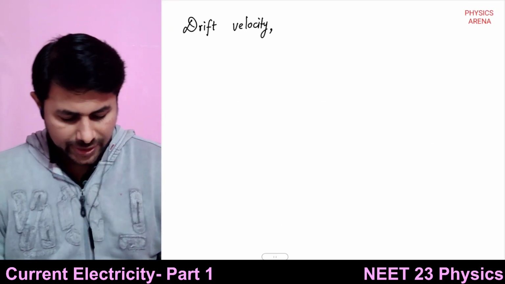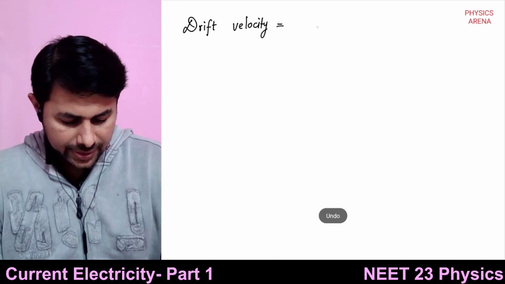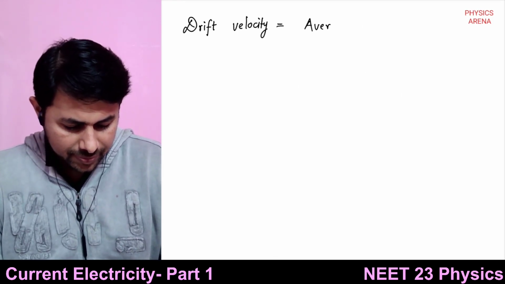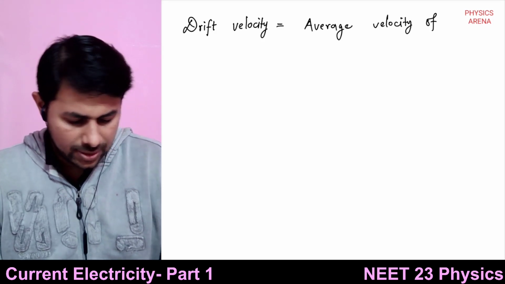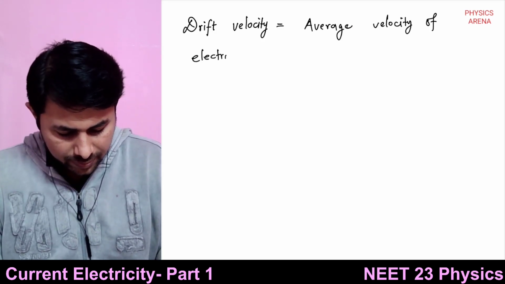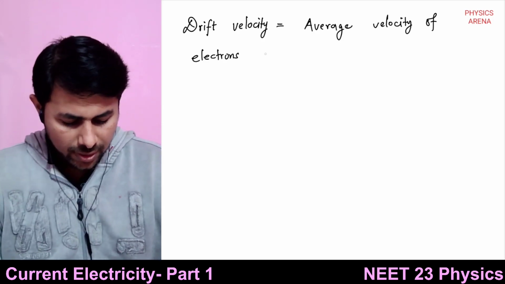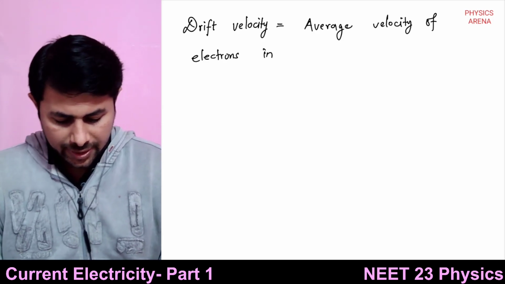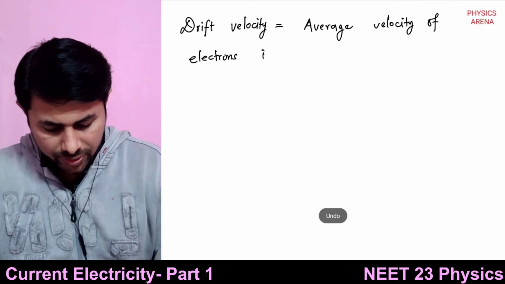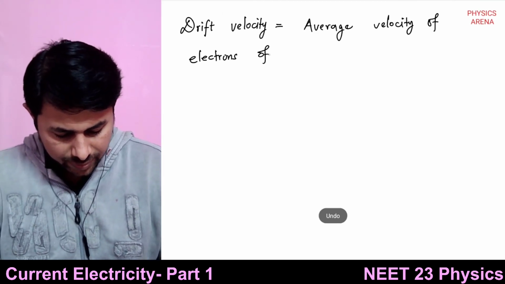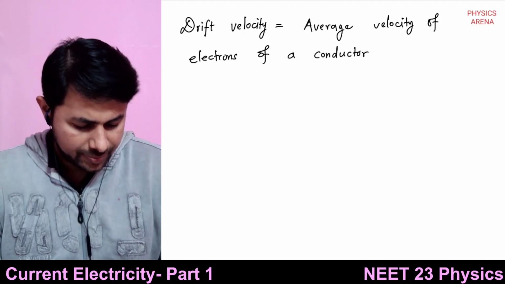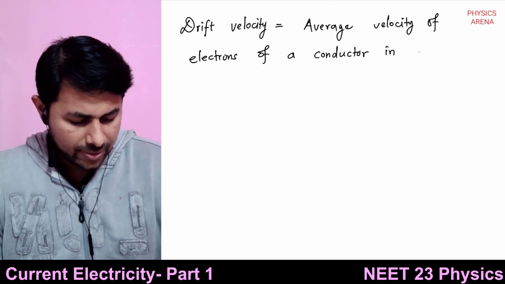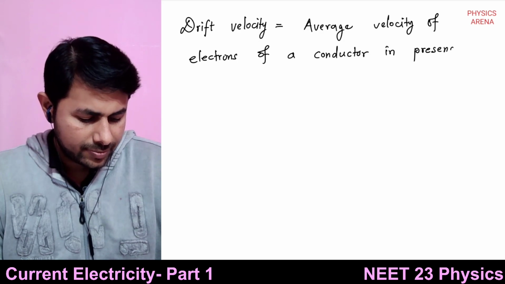What is drift velocity? It is the average velocity of electrons of a conductor, or you can say material, in presence of an external electric field.